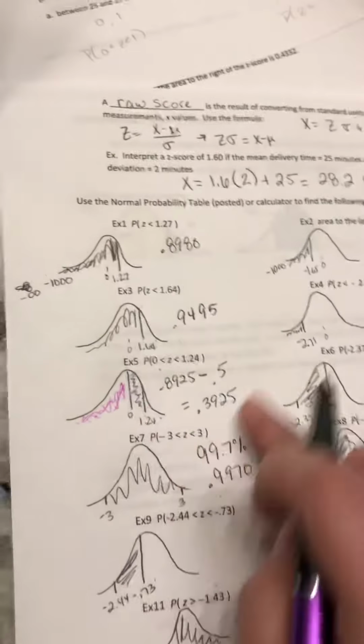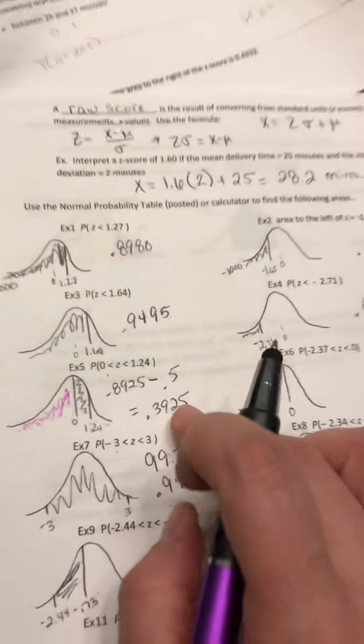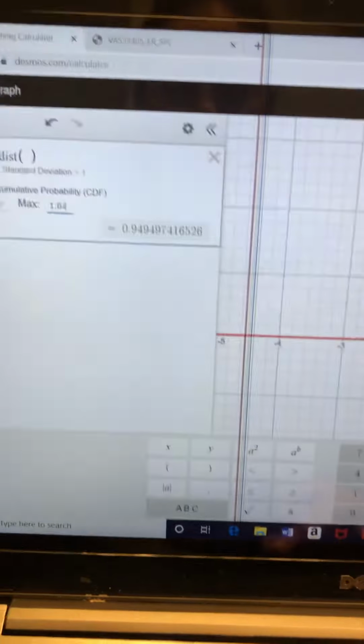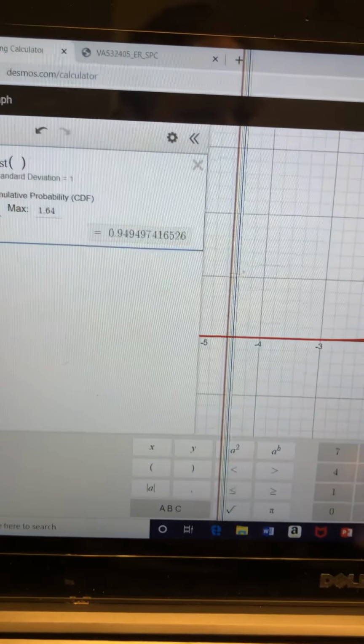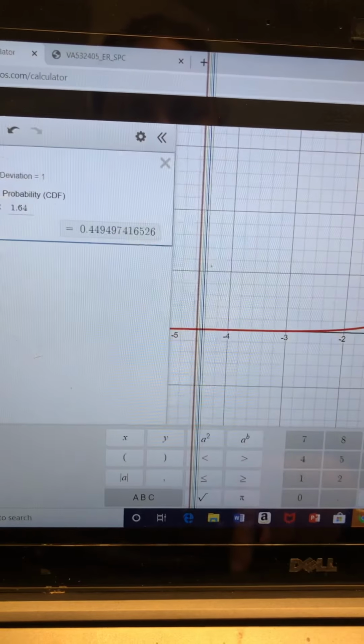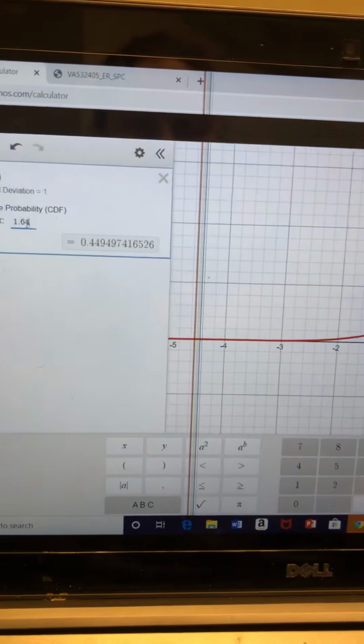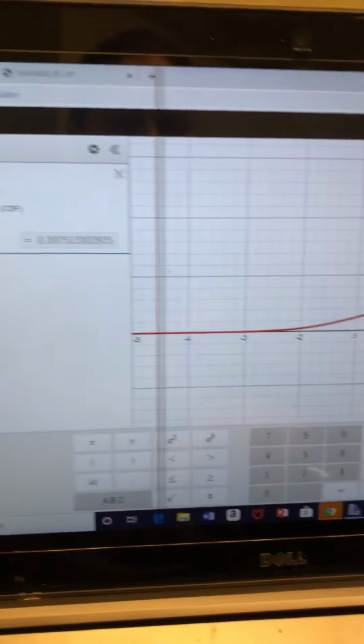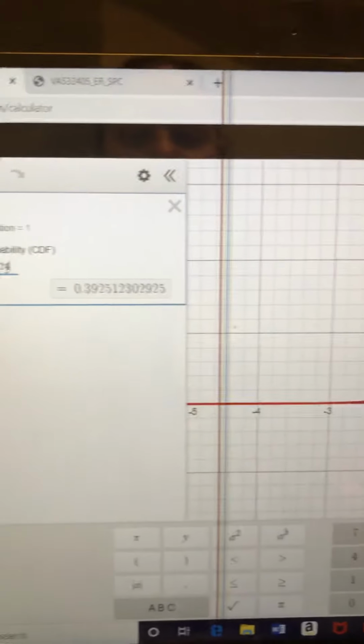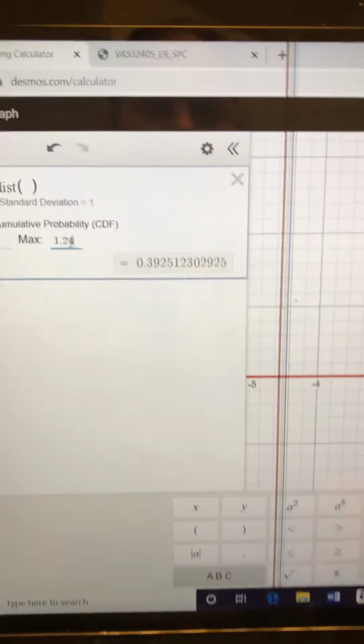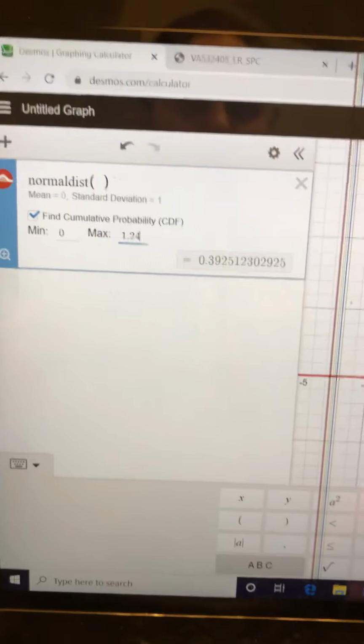0.3925. If you use the chart and subtract, sometimes this last number will be different compared to if you do it on Desmos, where we're going to now change our minimum to 0 and our maximum to 1.24. And it shows you this graph, and it's 0.3925. So this one's not a rounding difference, but sometimes you will have one.